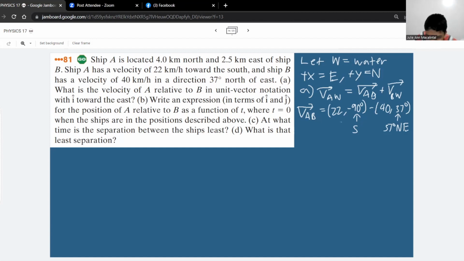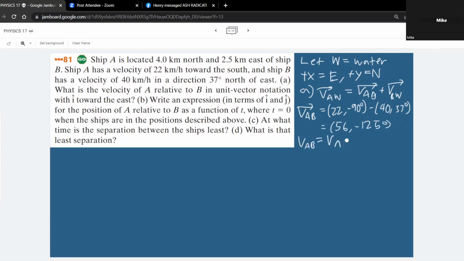Wait, bakit ito yung ano? And ganito. Yung binigay na data from the point of view of, for example, the port.